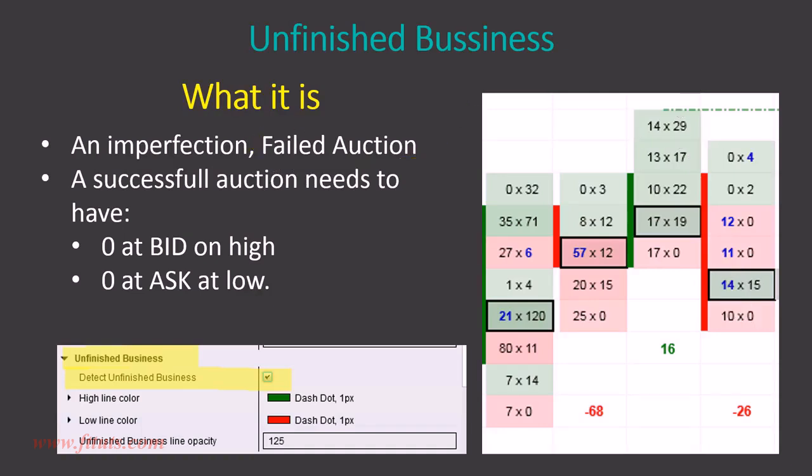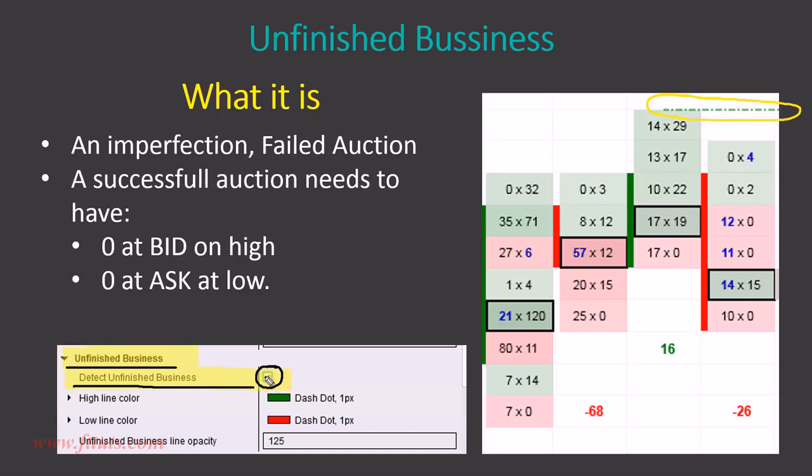Now what the software which I developed does for you is that it prints a line, this green line in here, at places with unfinished business. You only need to go to settings, there's unfinished business setting, and you need to tick this, detect unfinished businesses.